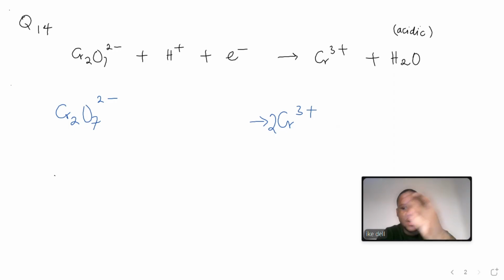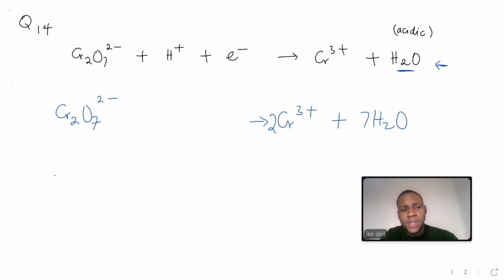So I have to balance this oxygen with water. I'll need to add 7 moles of water to this side. You can see from this that in the final answer, I must have water here, right? So 7H2O there. Now I've balanced oxygen with water.